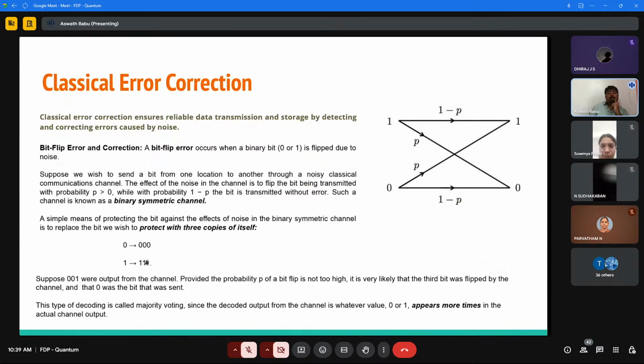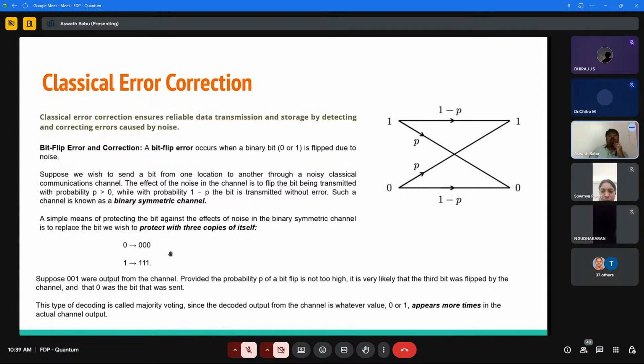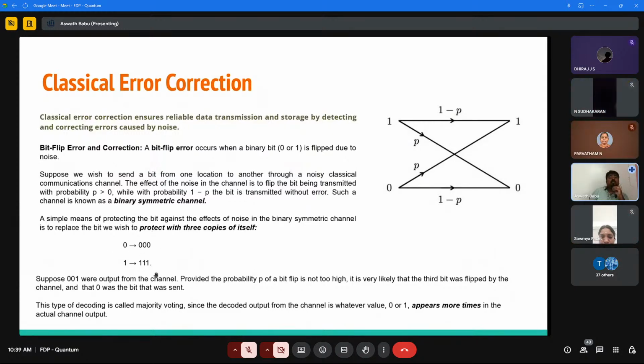Remember, this kind of strategy only works when I have more bits to tell me by majority what the actual signal is. Here in this particular case, we know in advance only 1 bit is going to be flipped.